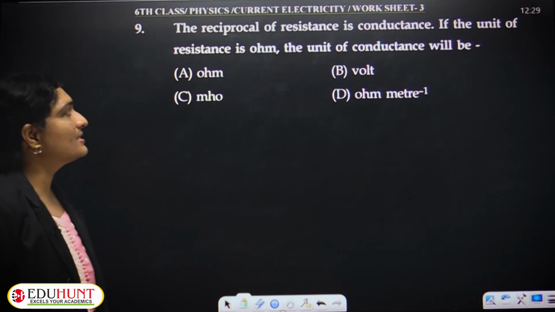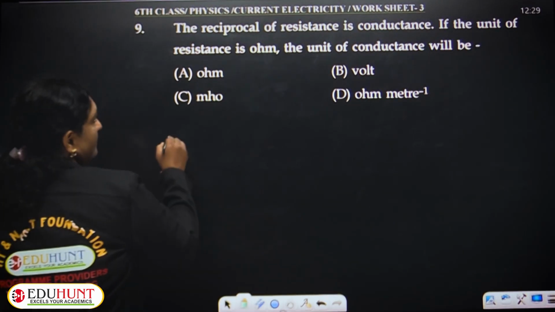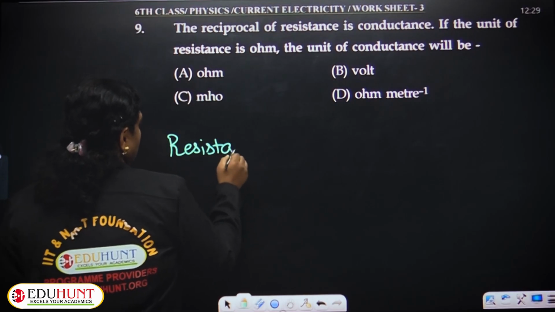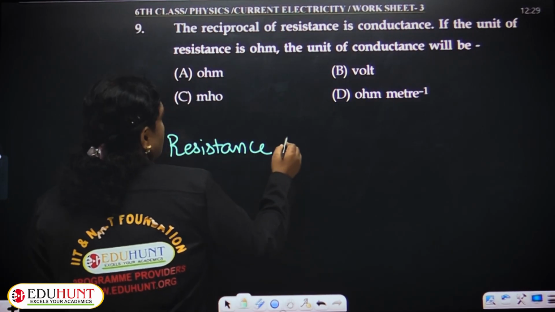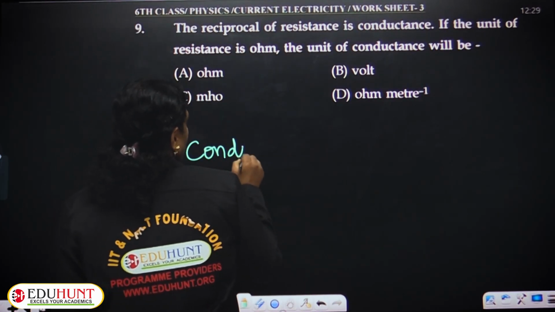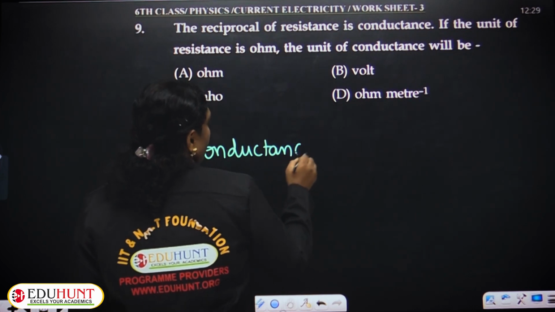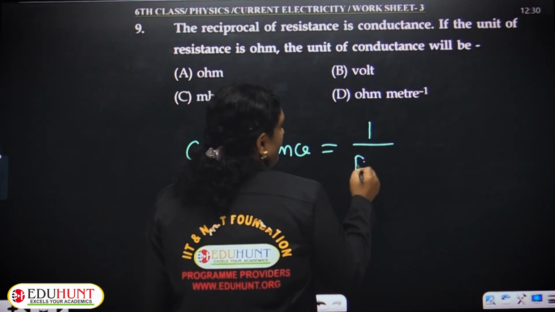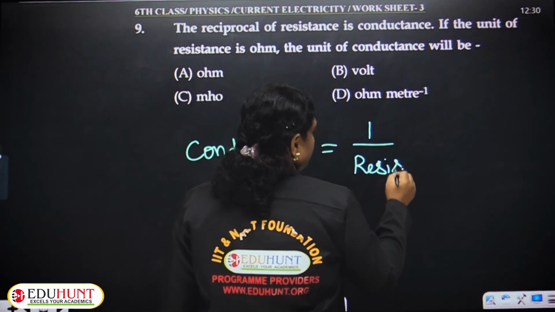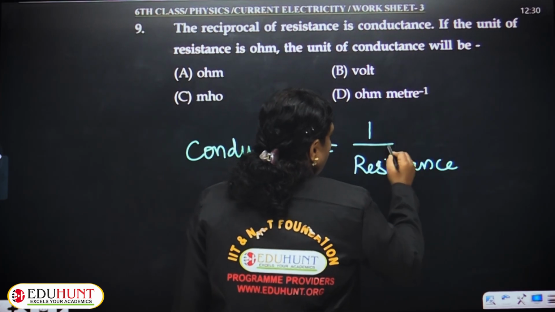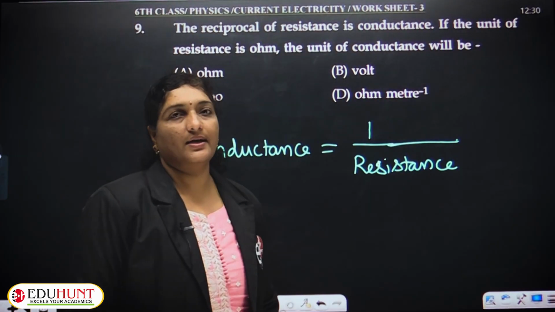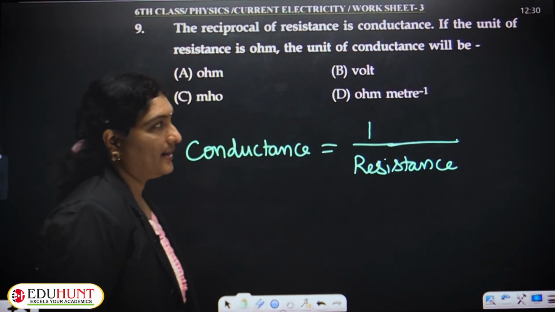If the unit of resistance is ohm, then the unit of conductance is. Reciprocal of resistance can be written as 1 by resistance, which is given as conductance.